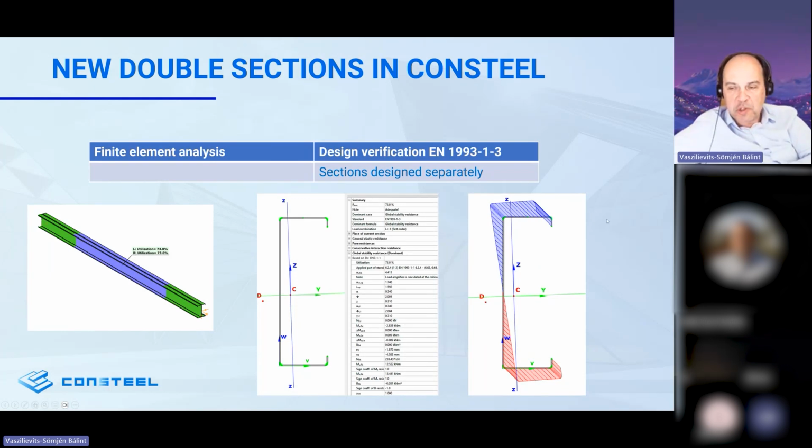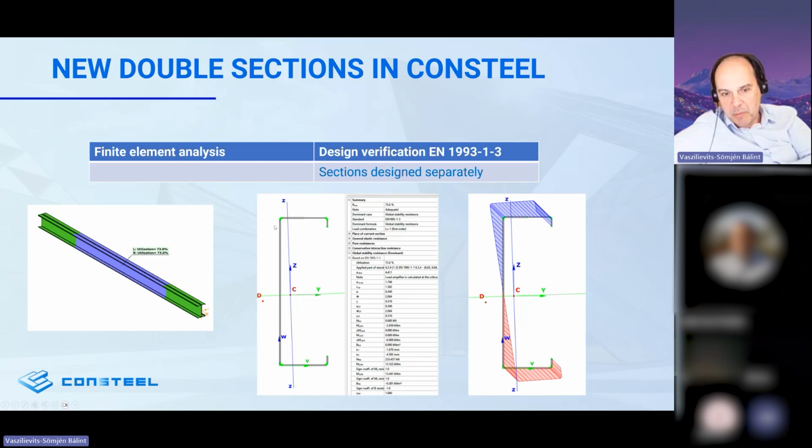And when I call the section module, I can always decide whether I want to see the left or the right profile. But when I decide to see the left or the right, I will always see just a single profile. The internal forces are all consistently converted, transformed into the single member.